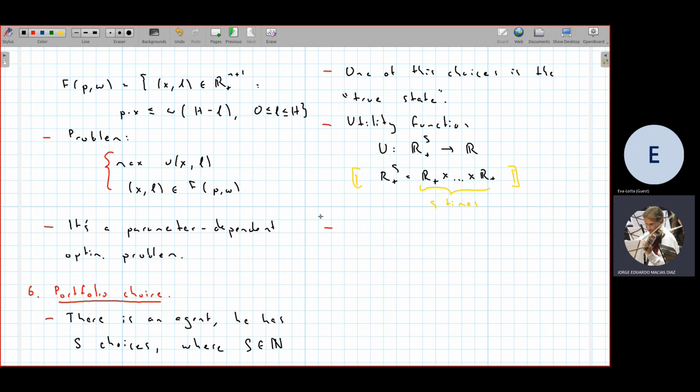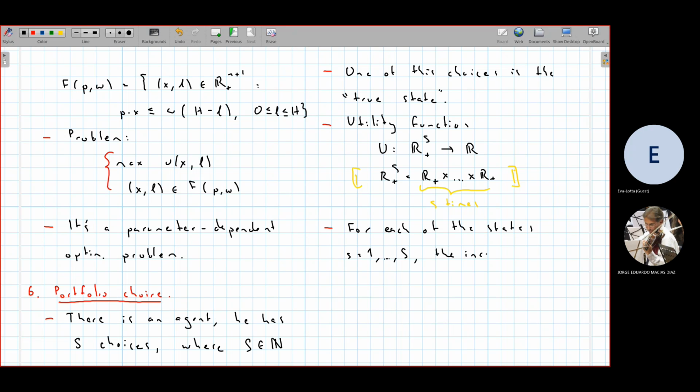So for each of the states, so the states are s equal to 1, so on, up to S, the income is represented by Y subindex s, and of course, this is a lowercase s.